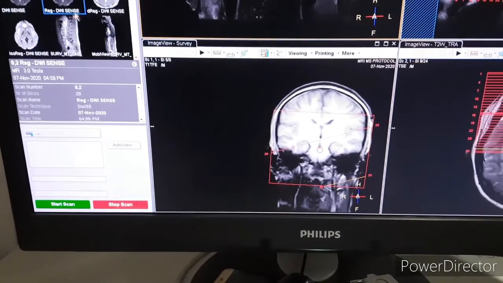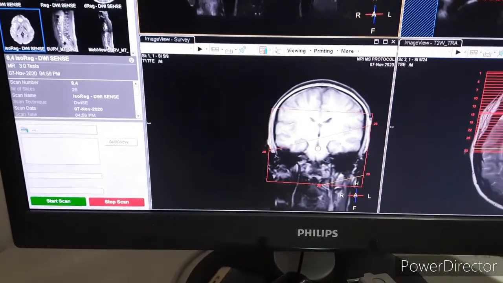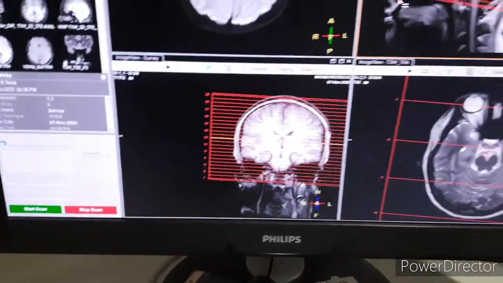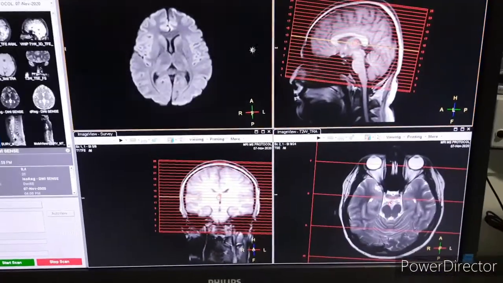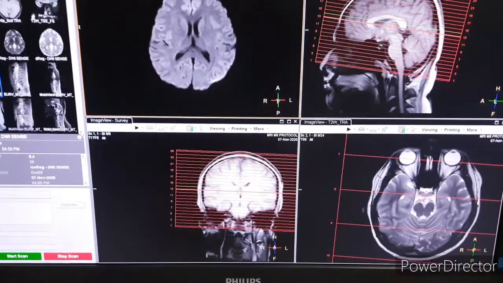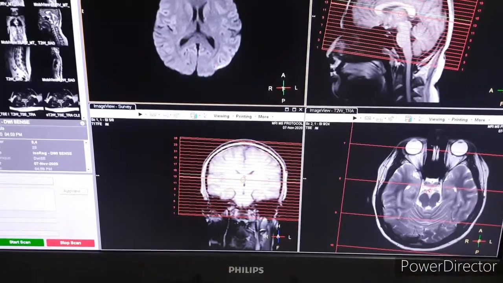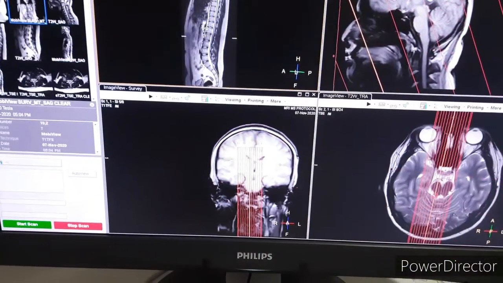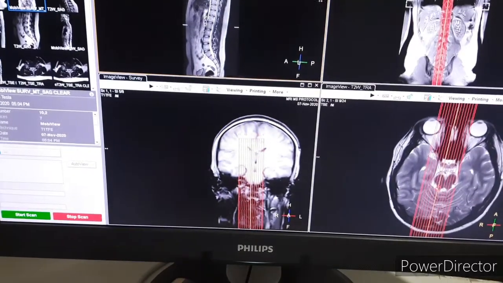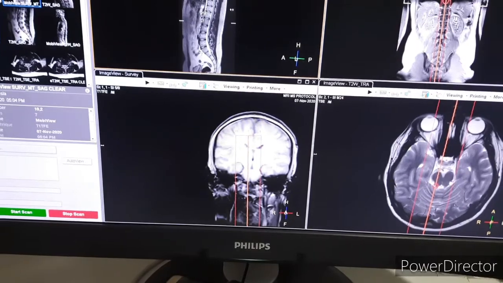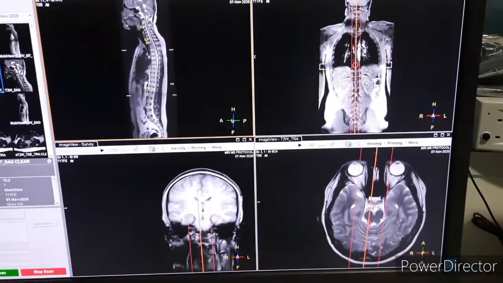Next is diffusion. Next is whole spine. You can see the planning of whole spine.